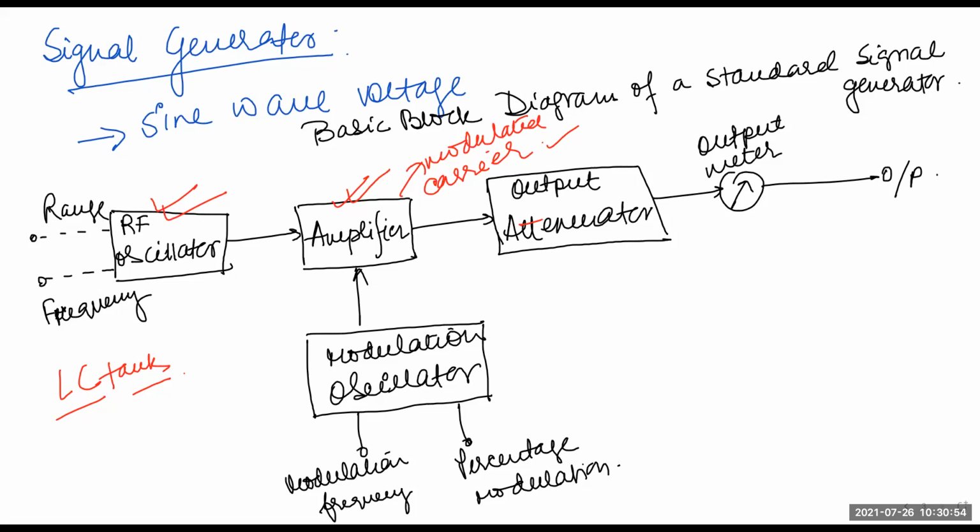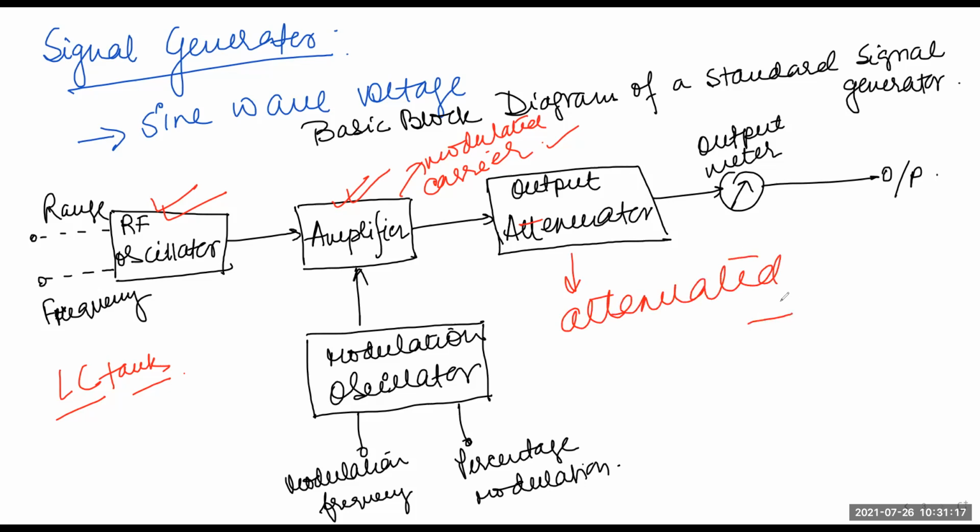Then from the attenuator, the waveform is compressed, and when the waveform passes through the attenuator, we call it an attenuated waveform. That attenuated waveform is then passed through the output meter.